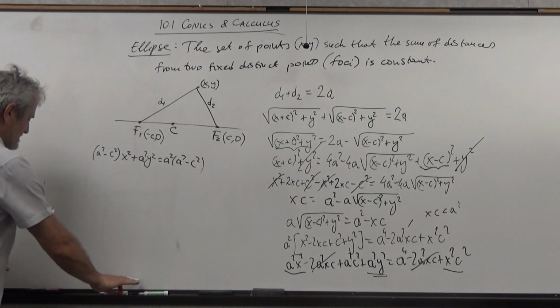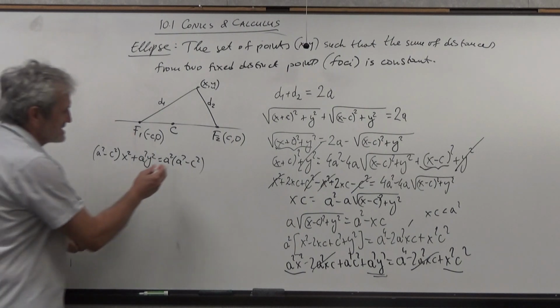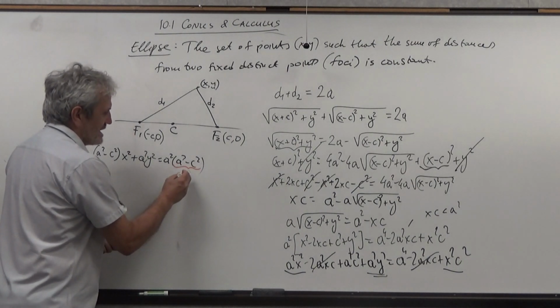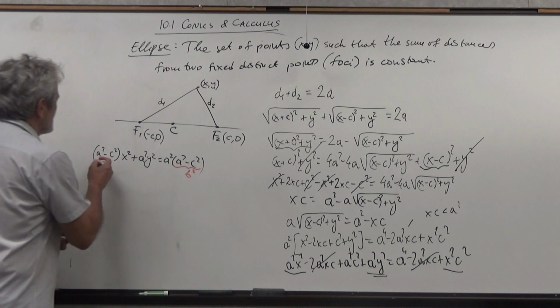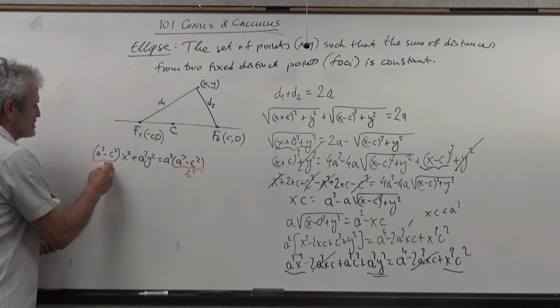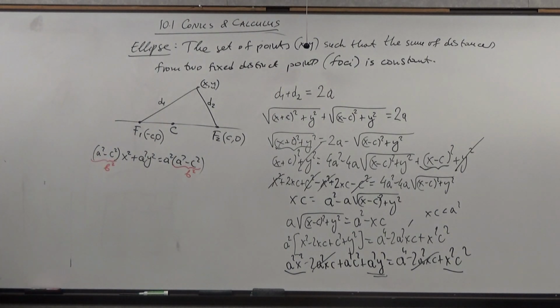And here comes the main thing: the difference a squared minus c squared gets a special name, and it's called b squared. And that's the first equation you need to memorize. That's a crucial one. So it says a squared equals b squared plus c squared, like the Pythagorean theorem.